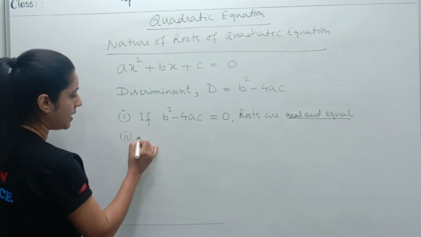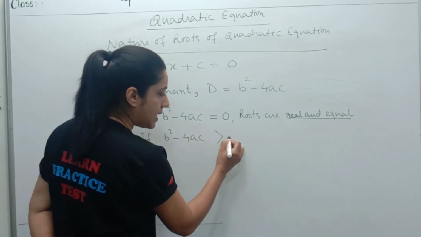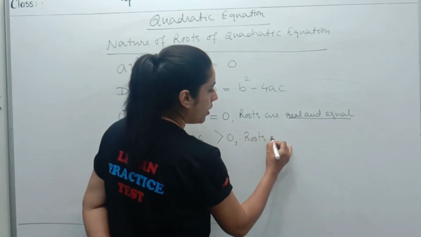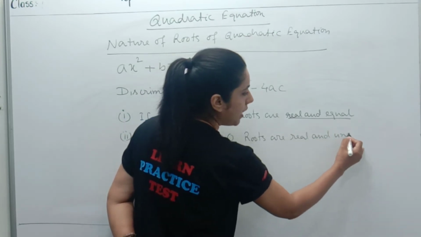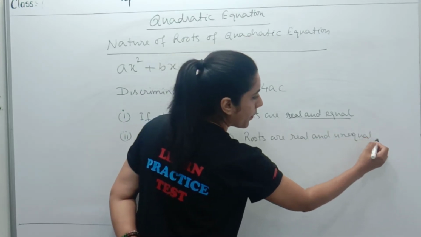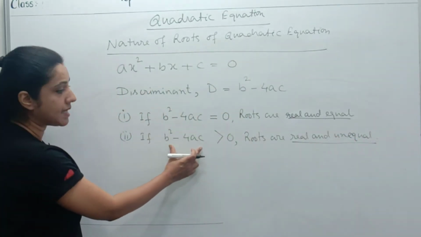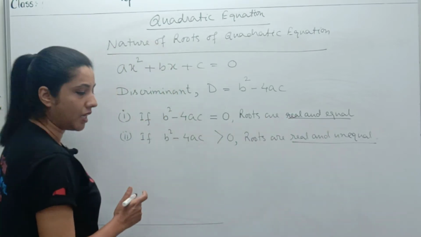Second criteria is, if b square minus 4ac is greater than 0, then the roots are real and unequal. If b square minus 4ac, that is the discriminant, is greater than 0, roots are real and unequal.